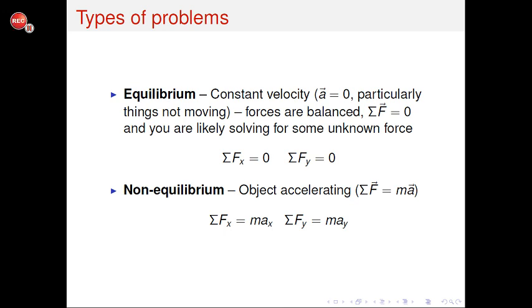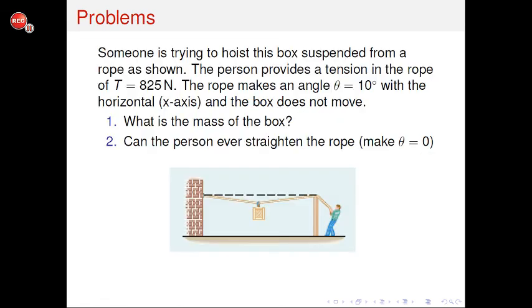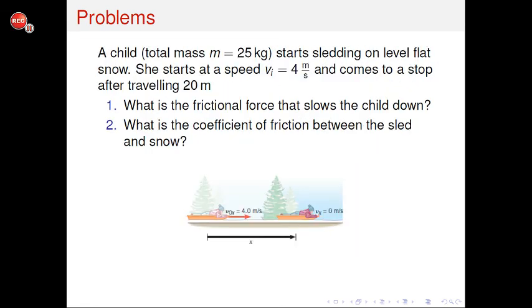Okay. So the next few slides in these notes are problems to go through. All right, one is a tension problem. One is a kinematics problem where you need to find the frictional force to figure out how the sled is coming to a stop.